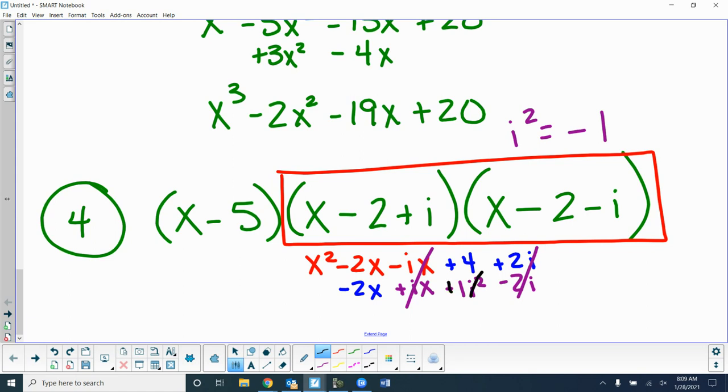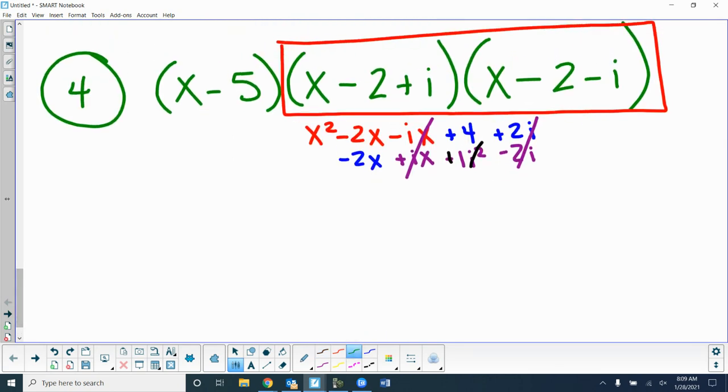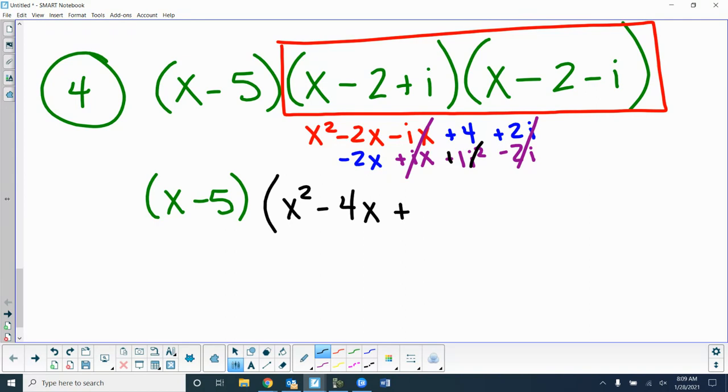All right, so when I combine my like terms now, I got my x minus 5. And then this answer is going to be x squared minus 4x plus 5, 4 plus 1. Some of you had 3 there. You subtracted it. Remember, minus 1i squared is plus 1. So that was a mistake some of you made yesterday when you showed.